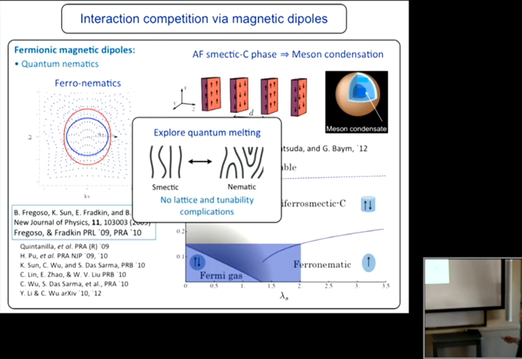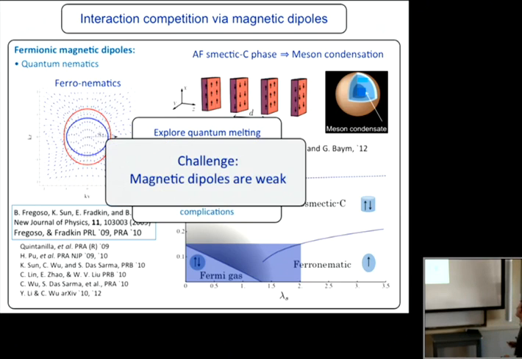But more importantly, we should be able to look at the quantum melting of a nematic to a smectic, which is in some sense what's going on with these cuprate superconductors and pnictide superconductors, where the smectic doesn't actually appear because it's taken over by the D-wave superfluidity, ostensibly. I mean, there might be a quantum theoretical point there. So we can explore this without lattice or tunability complications.